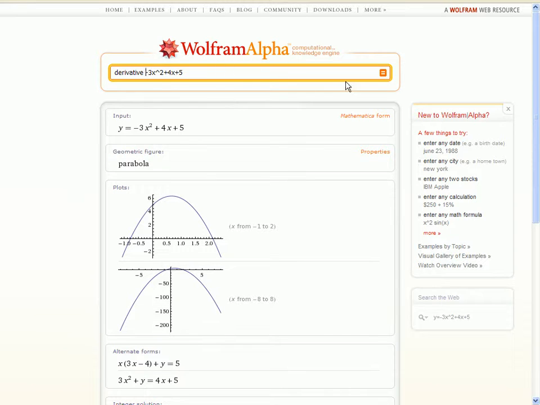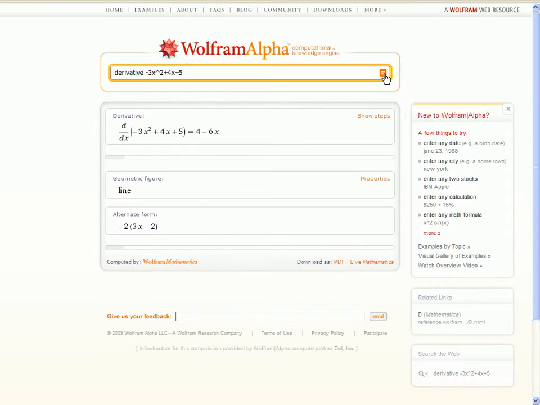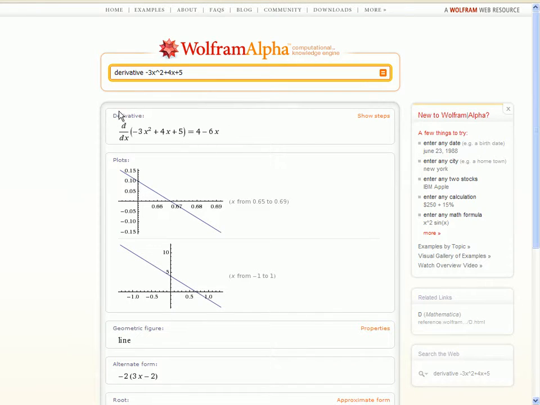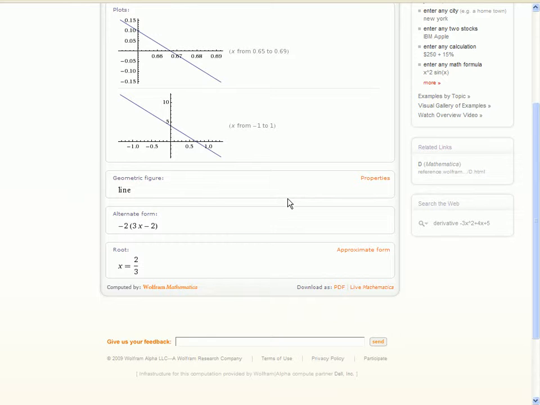Then we hit compute, and there it is. The notation is in the American way, as you see, but it understood our input rightly. It took the derivative, it's 4 minus 6x, and it gives two plots of that again. Well, there you have it.